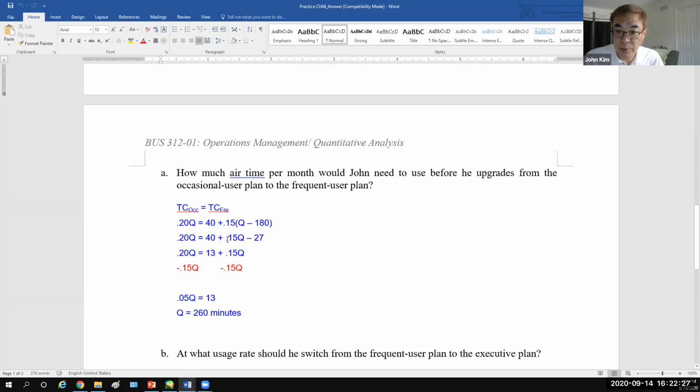So 40 plus 15 cents Q, 0.15 times 180 equals 27. So 40 minus 27 equals 13. So 0.15 Q each side, subtract, then Q is 260 minutes.